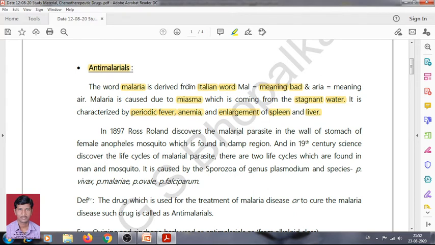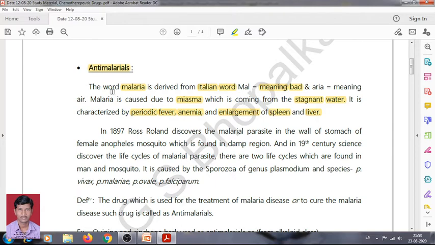Means the salient features of malaria show periodic fever in the patient, who may be suffering from anemia, and there may be enlargement of the spleen and liver in the body.